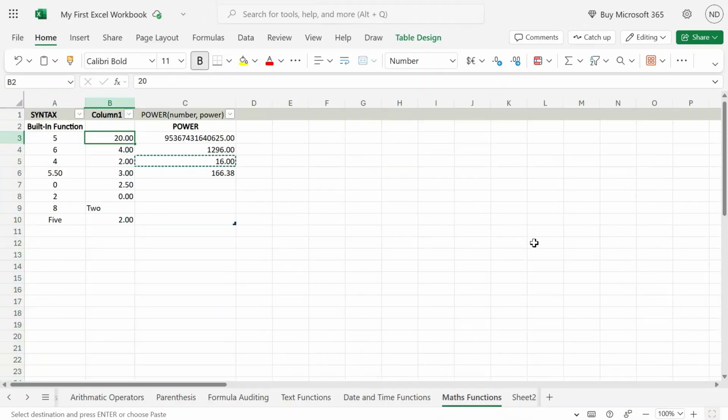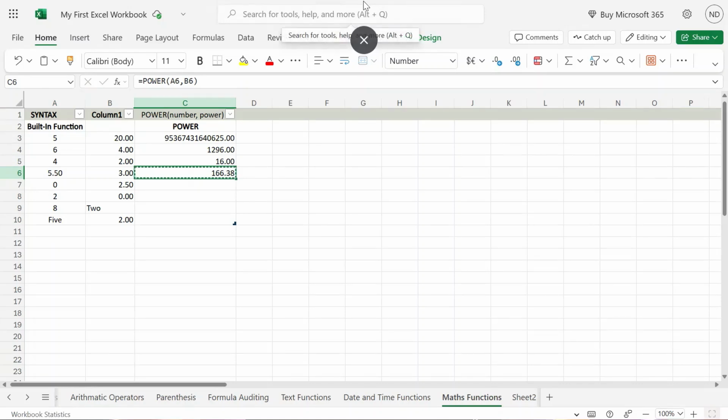Same way, if I have a zero in the power, it will give me 1. So ideally, if I have 0 in my power, it will give me 1.